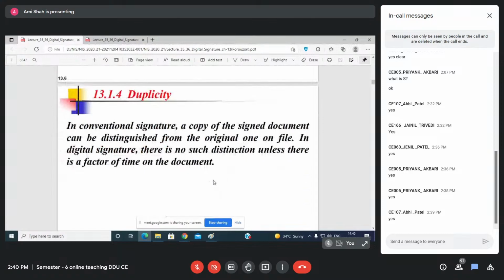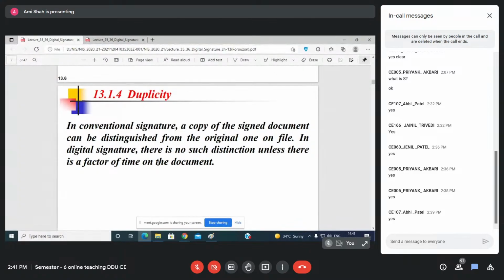Now, another difference is that in a conventional signature, a copy of the signed document can be distinguished from the original, right? Yes or no? But in the case of a digital signature, there is no such distinction unless there is a factor of time on the document, such as a timestamp.